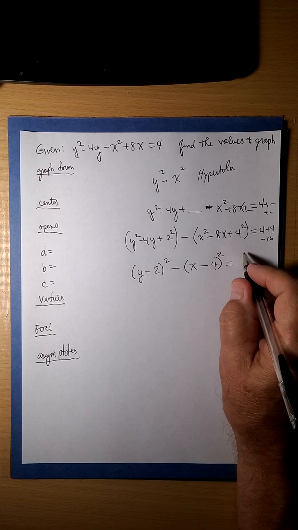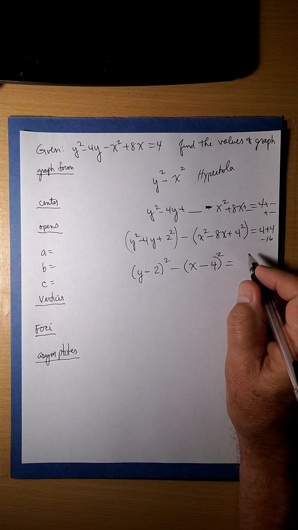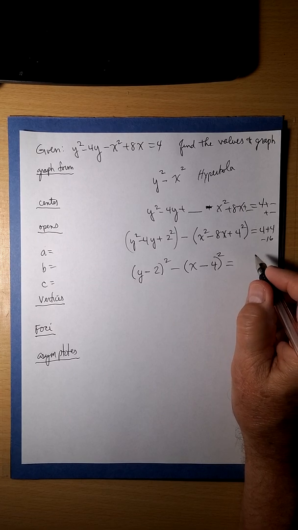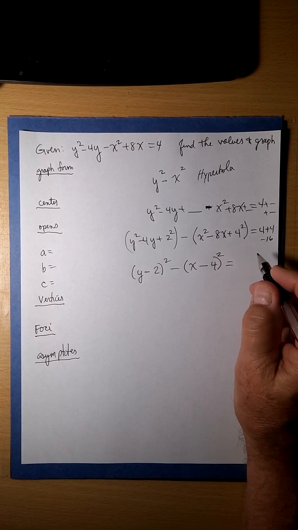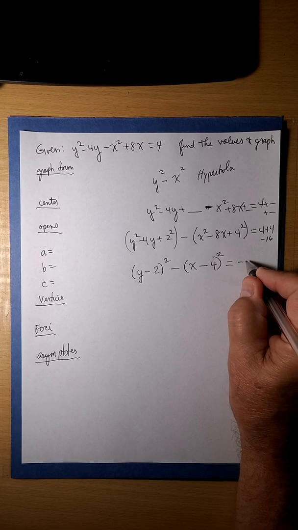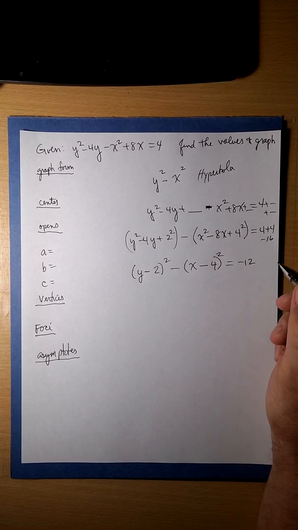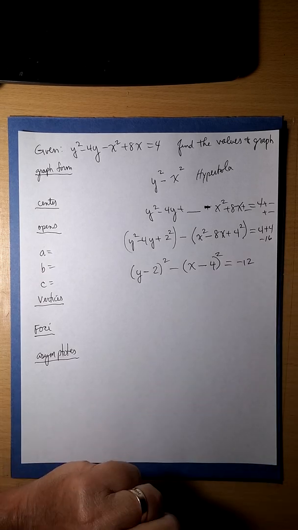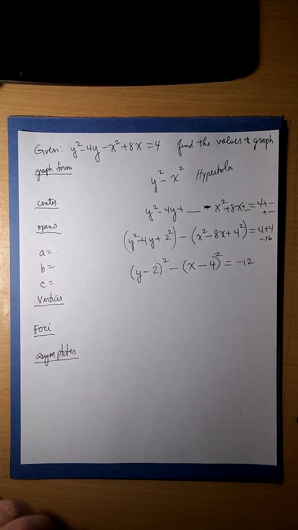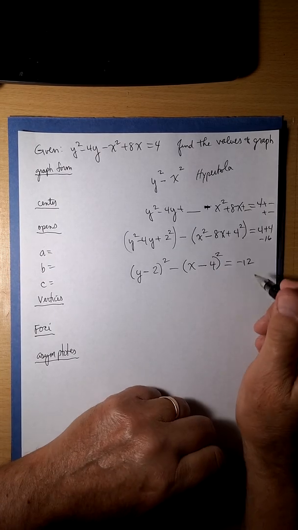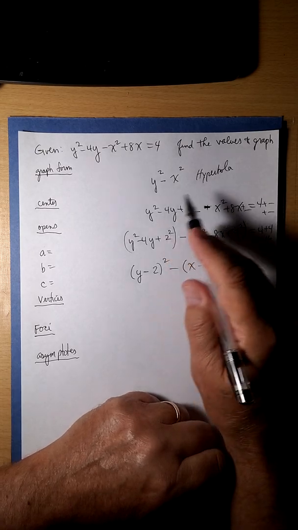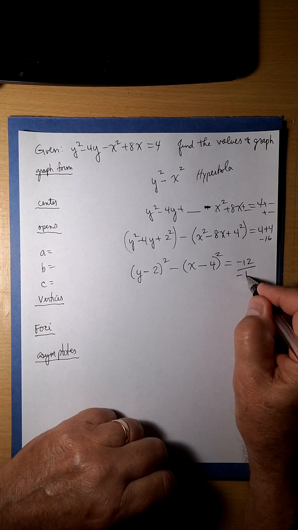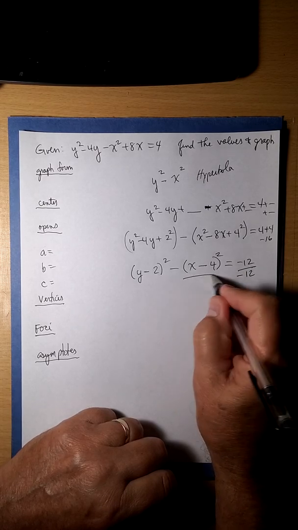On the right side, it's a negative 12. But this negative 12 is why you can't always be sure from that initial look which way it opens, because we got to divide by a negative 12, everybody.